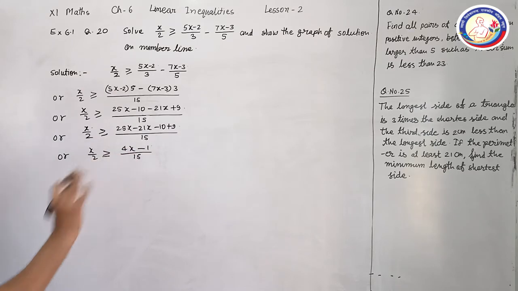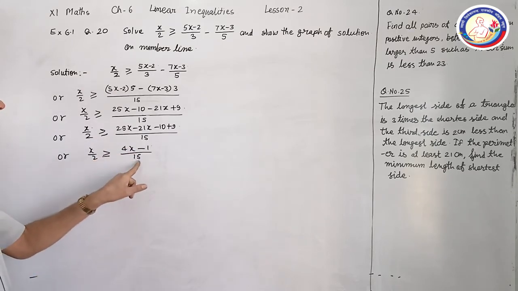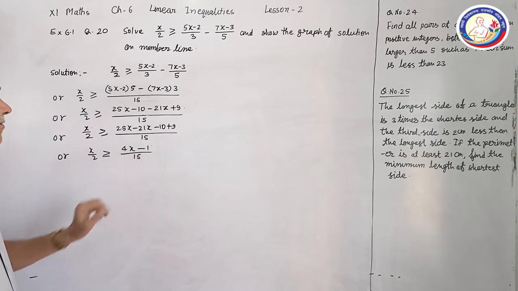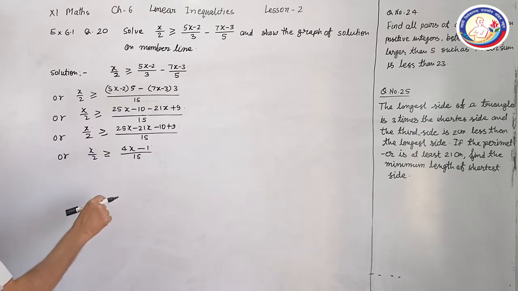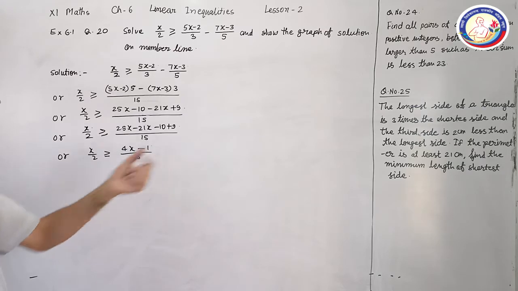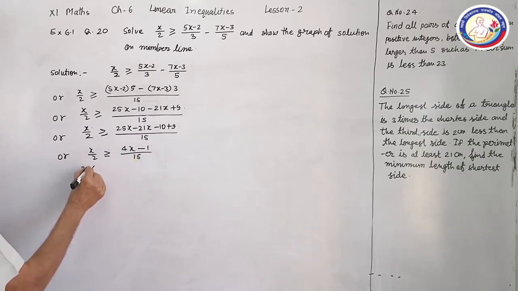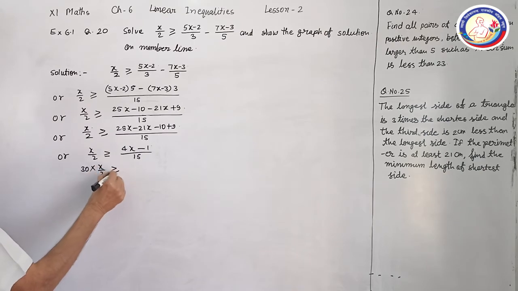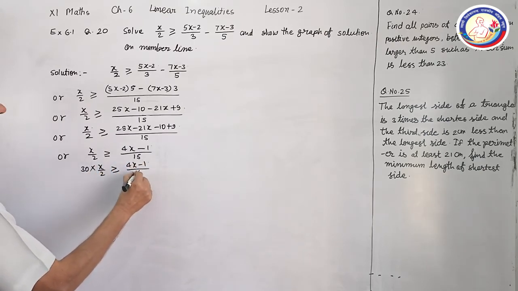Now multiplying both sides by 30, because here we are having 2 and 15 in denominators, and if we multiply both sides by 30, the statement will stand true by the second rule, and we will get 30 into x by 2 is greater than or equal to 4x minus 1 upon 15 into 30.